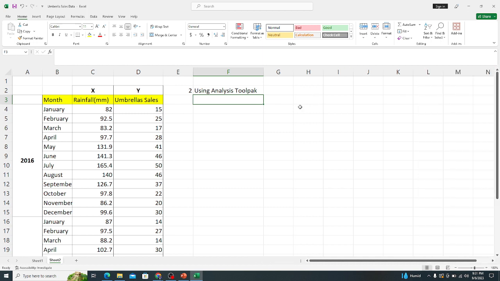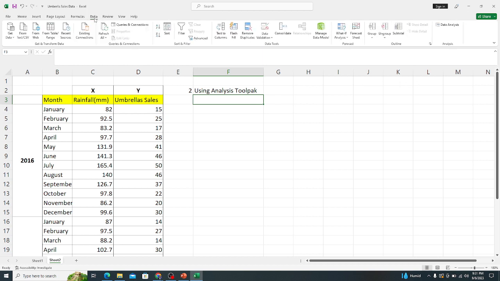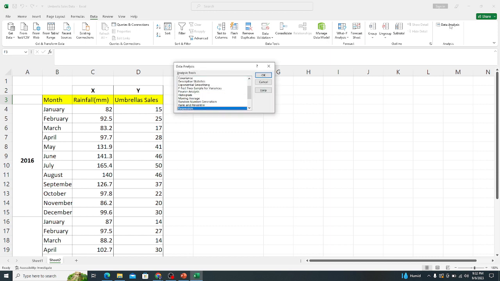I guess in the previous class I had tried to run the results. So I'm going to start with Data. We are going to the Data Analysis ToolPak, so I'll go to Data, then Data Analysis. Under Data Analysis, search for Regression, and you can see we have Regression here.